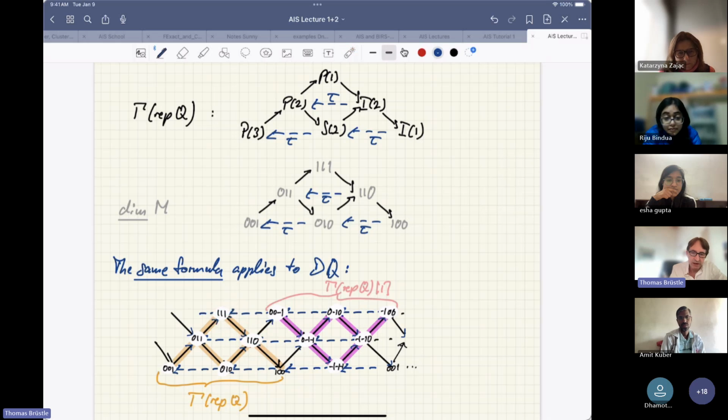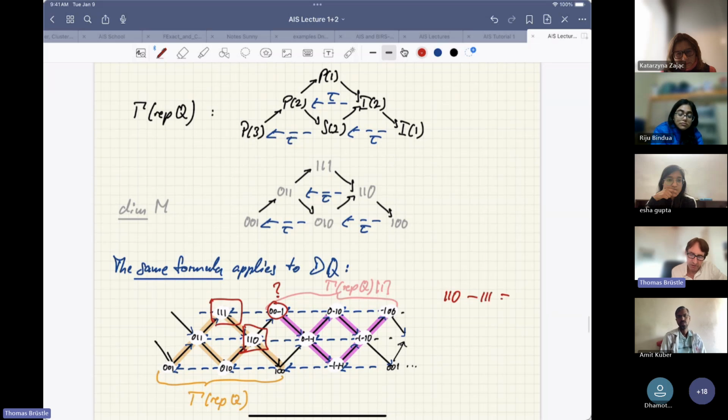So what would the knitting procedure give me if I were to compute the vector here? The vector here would be the middle term 110 minus the starting term 111. So that would be the vector 0, 0, -1.